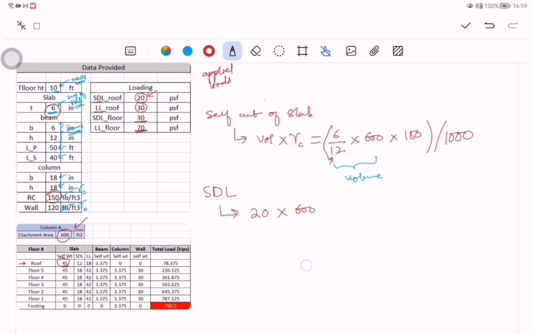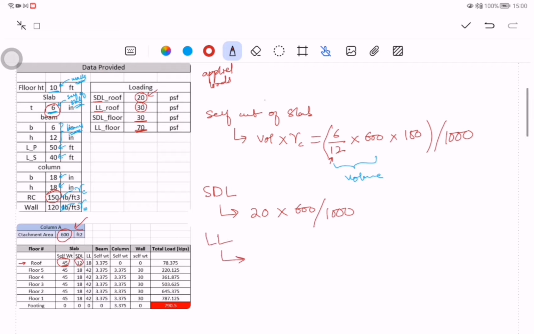If you multiply 20 with 600, it will be 12,000, and you divide it by 1000 so that it will be in kips, and ultimately this is your answer, 12 kips. Similarly, you do this for live load. So this is your roof live load, 30 multiplied by 600 divided by 1000 equals 18 kips. Here equals 12 kips, and here equals 45 kips.